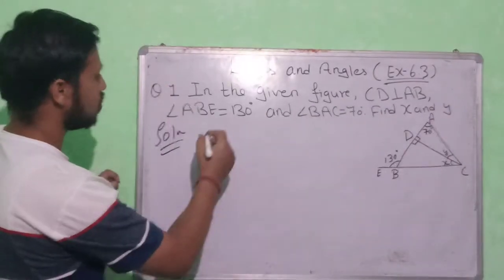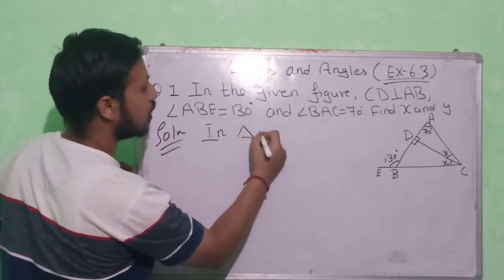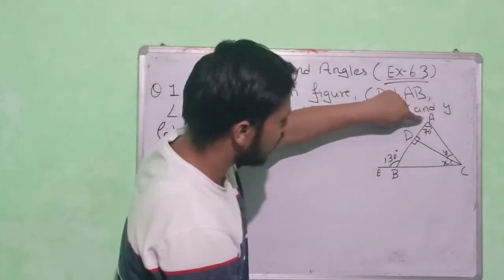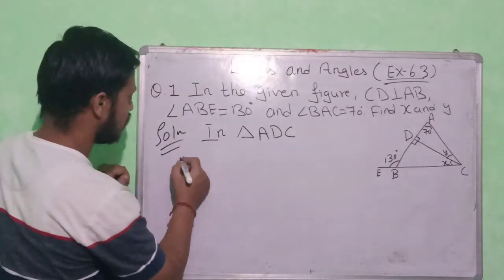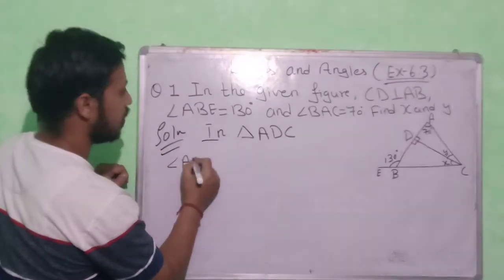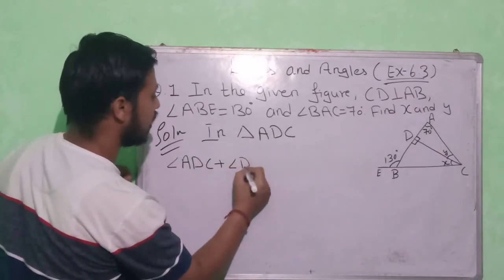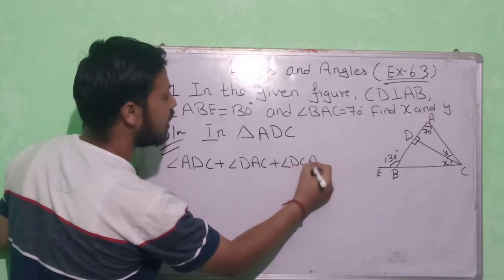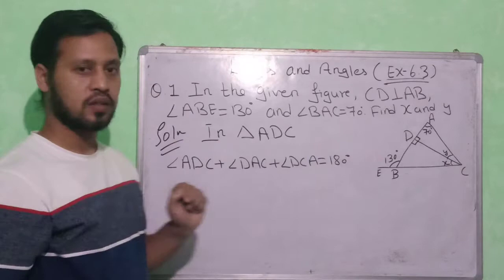So we will use these triangles to solve this question. Now, first I will take triangle ADC. I am talking about which triangle? This triangle ADC, this one. In triangle ADC, angle ADC plus angle DAC plus angle DCA equals 180 degrees.